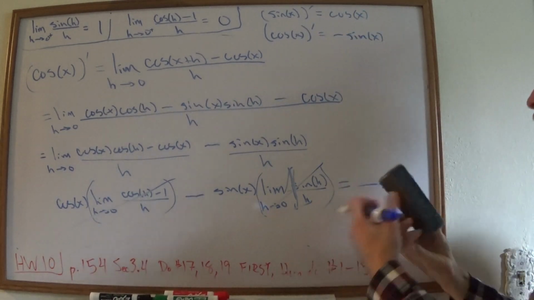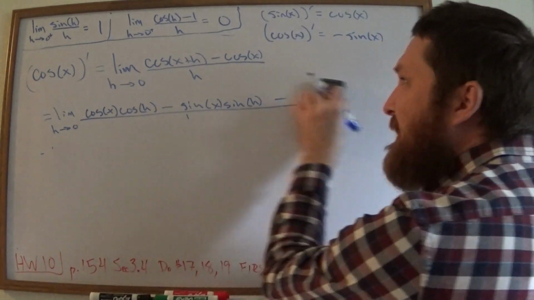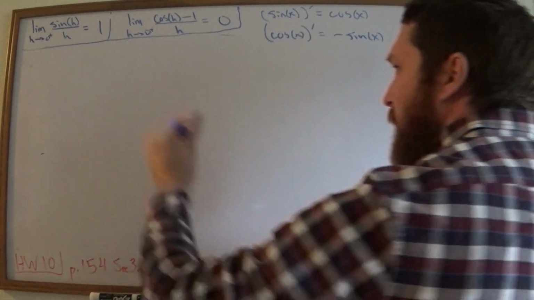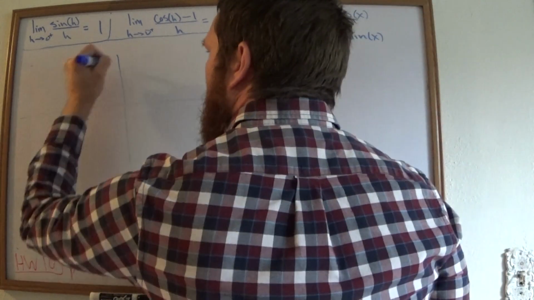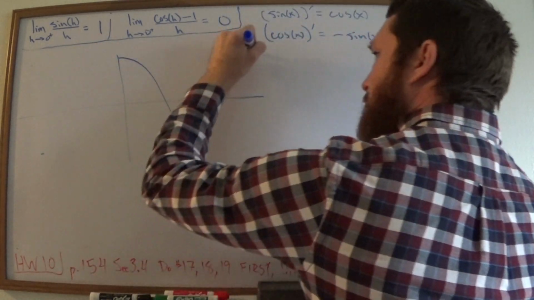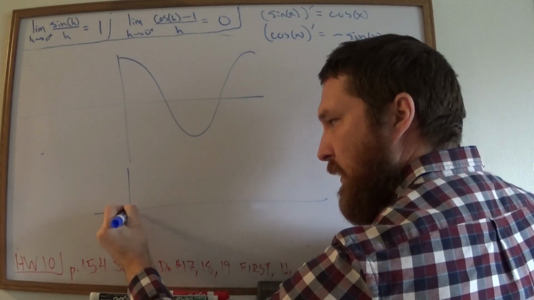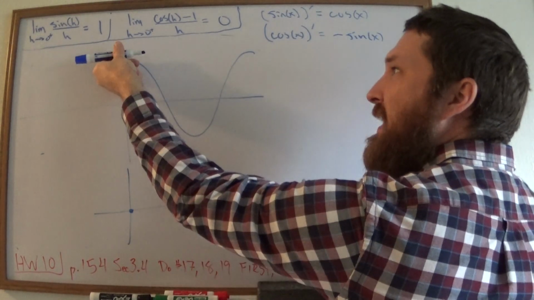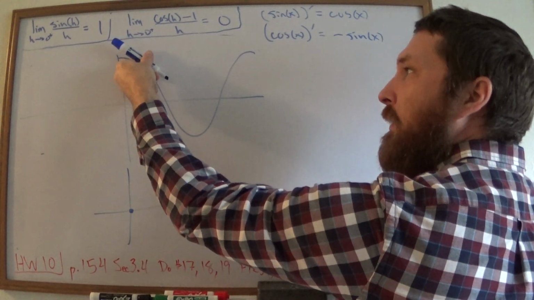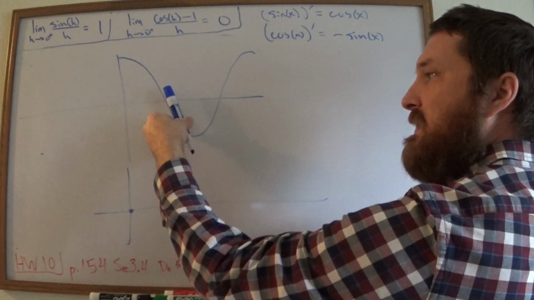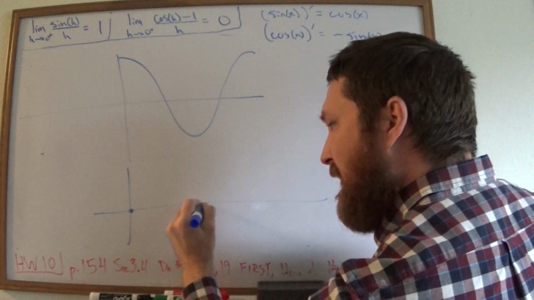And let's just real quick see, I'm going to just draw cosine. Cosine starts here, comes down, goes up, and so its derivative would start at 0, but then become a negative number. Negative until it gets down to here where it comes back up to 0.